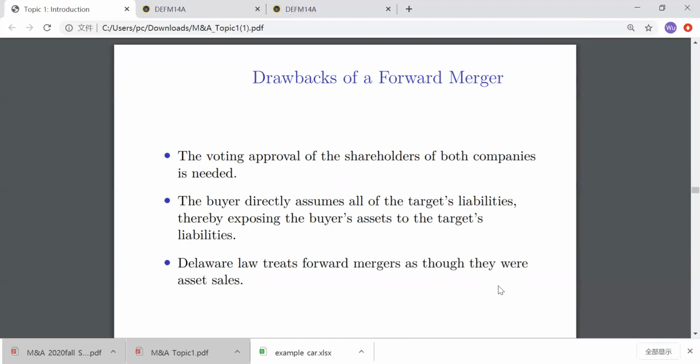And in Delaware, forward mergers, this very common form of merger, are treated as asset sales, as if the target is selling their assets. So the target becomes part of the acquirer, and the acquirer survives.